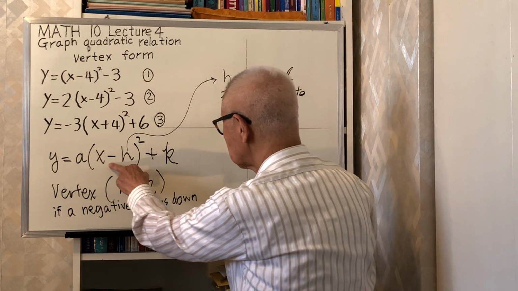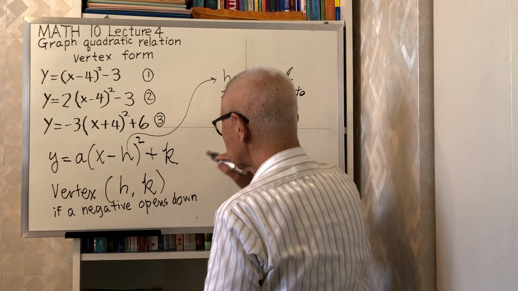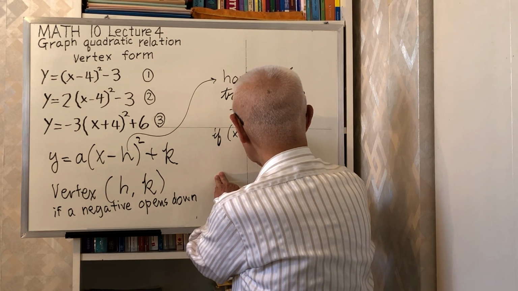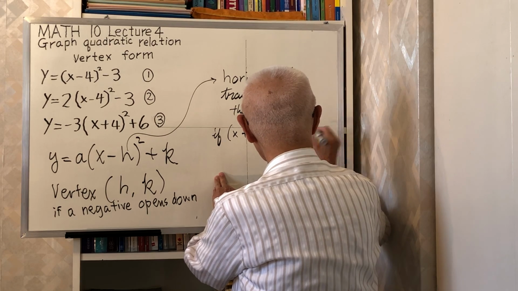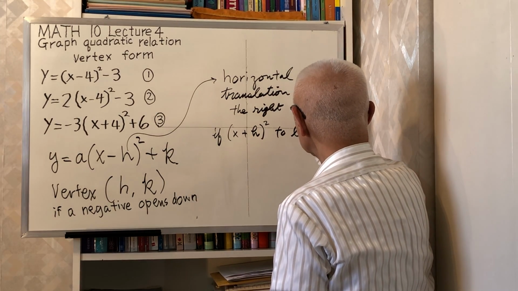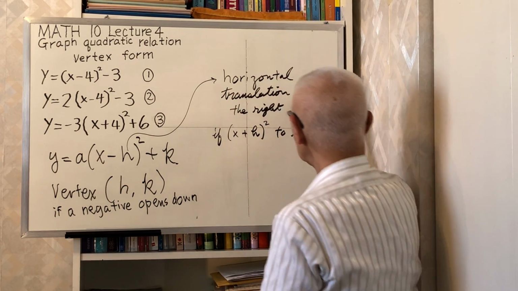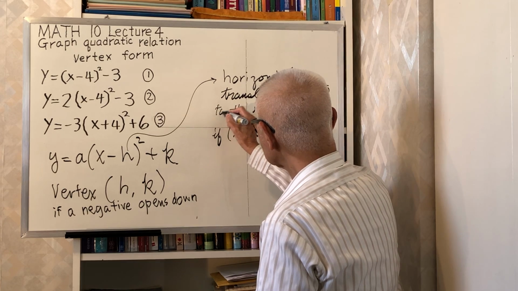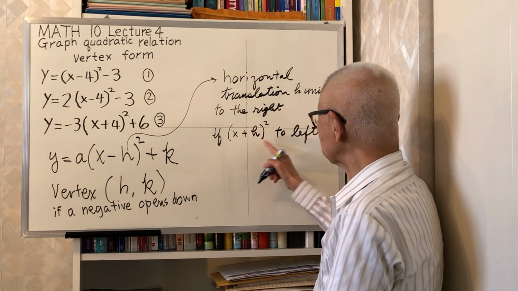If the bracket is x plus h square, then it is translation h units to the left.